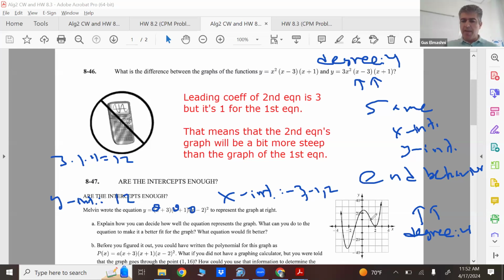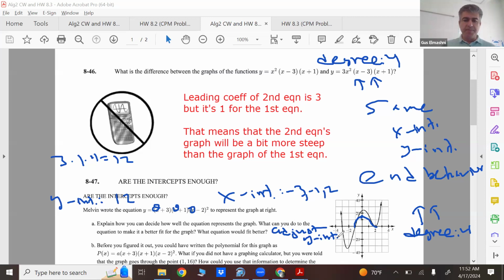So the y-intercept's too high. So I'd probably make my graph look kind of like this. So you got to adjust the y-intercept. So how would you make it better? Adjust the y-intercept. That's what I do.